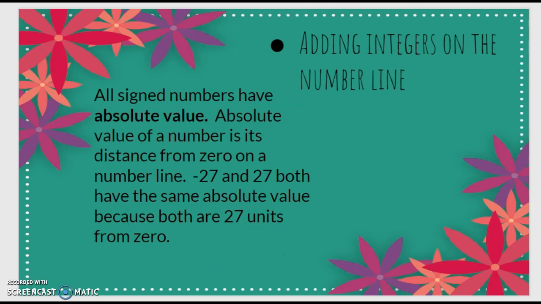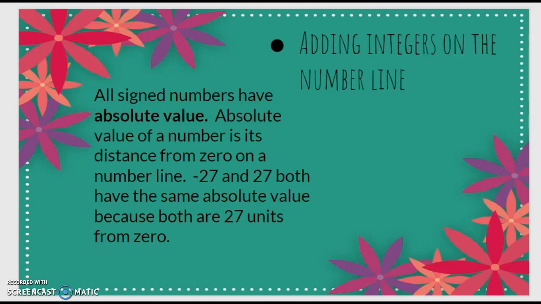So all signed numbers have something called absolute value. The absolute value is always positive. Its absolute value is equal to the number of units it is away from 0. So negative 27 and positive 27 both have the same absolute value because both are exactly 27 units from 0.